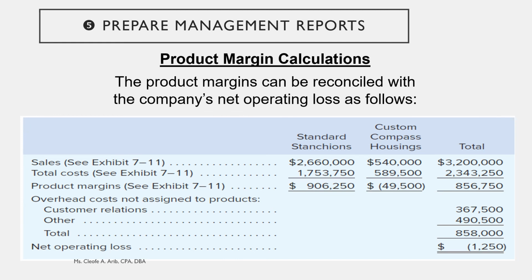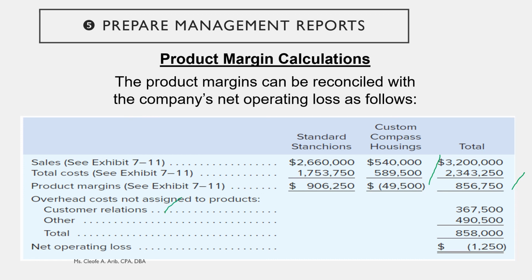Your product margins can be reconciled with your company's net operating loss as follows. So, we can see that your total product margins, how much is that? You netted 856,750 because the custom compass housings are negative. And then here, we can see the two activity cost pools that we did not include earlier. What are they?